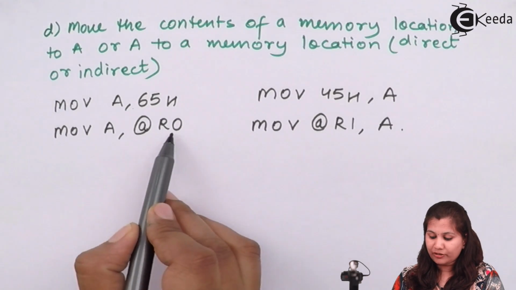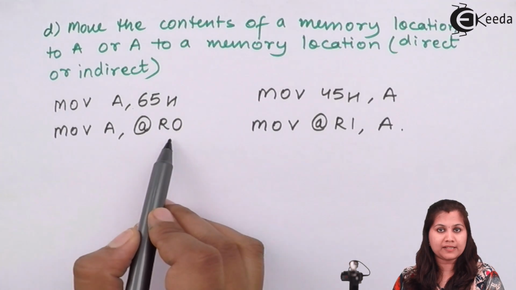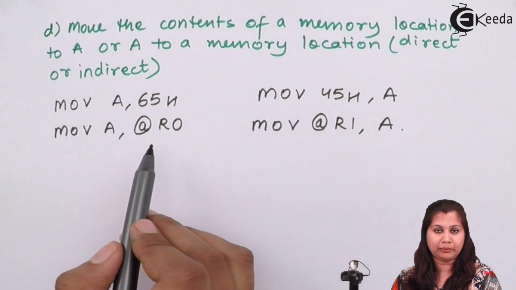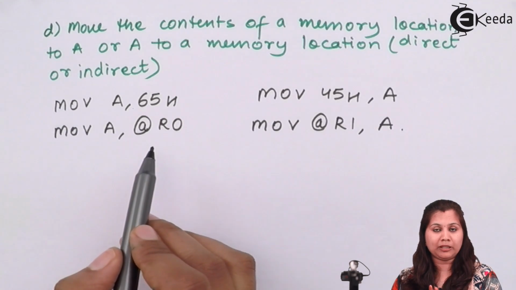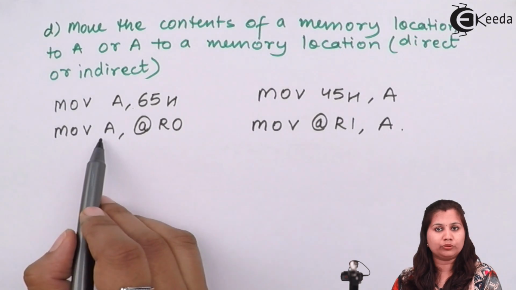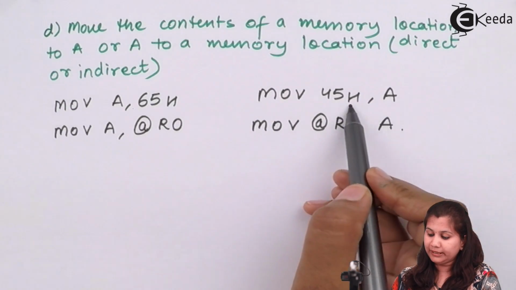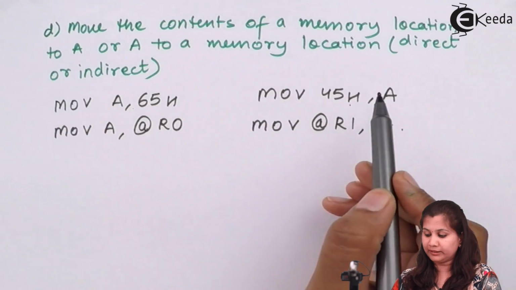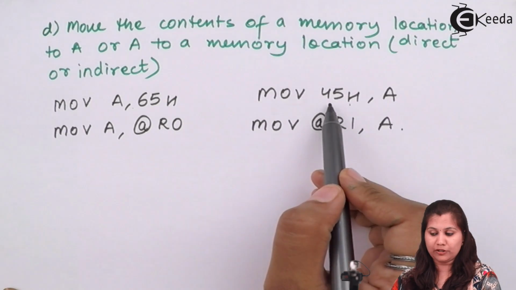Here indirect addressing is used. In R0 register, we have the address of that memory location. So at that memory location we have the data, so that data will be copied into the accumulator. Similarly here, the contents of accumulator are copied into the memory location.